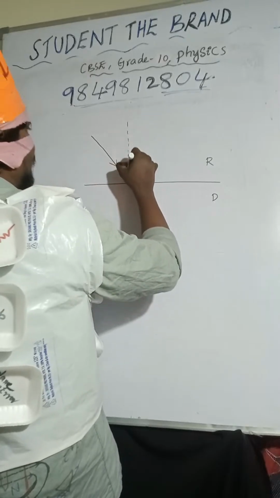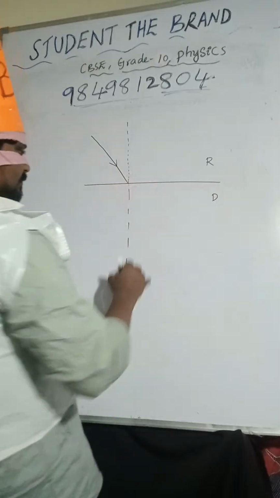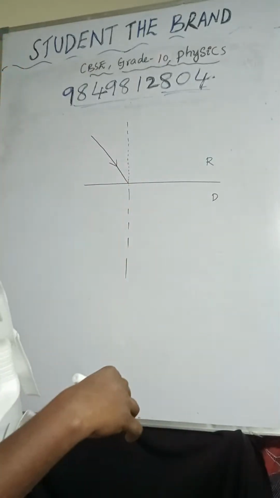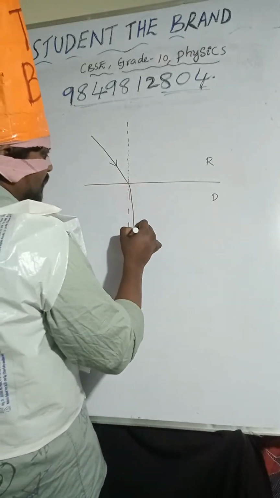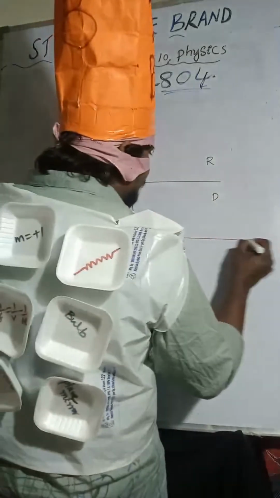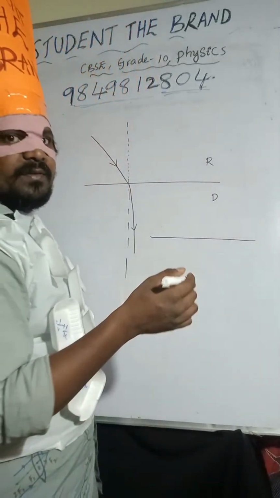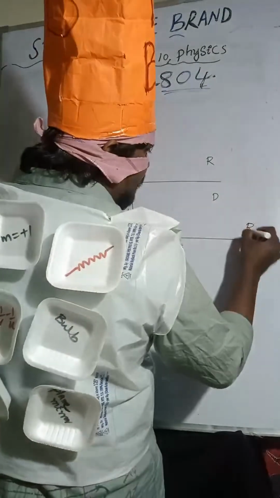This is the normal line. Rarer medium and denser medium. Light ray moving from rarer to denser bends towards the normal line. If it is moving from denser to rarer, it moves away from the normal line.